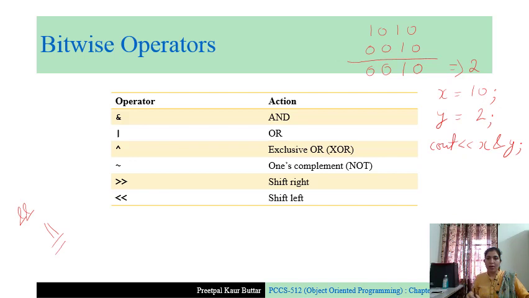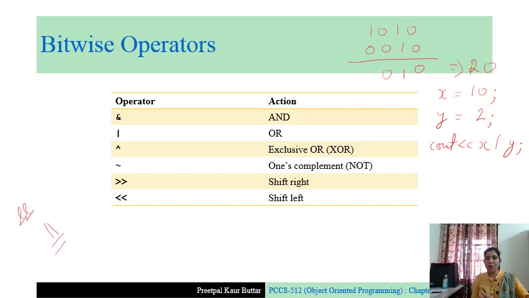If we apply the bitwise OR on this, then what will be the result? 0 or 0 is 0, 1 or 1 is 1, 0 or 0 is 0, 1 or 0 is 1. So the result is 10. The result is 10 on applying the OR operator.